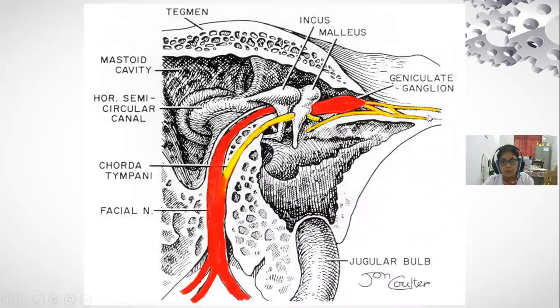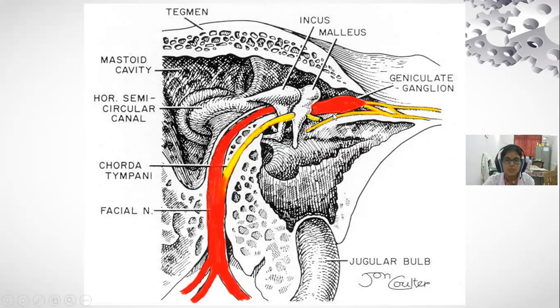So coming to the anatomy, in the intratemporal course, it has a labyrinthine portion, a horizontal portion, and a vertical portion, and it exits through the stylomastoid foramen and gives off five branches which are called the pes anserinus.